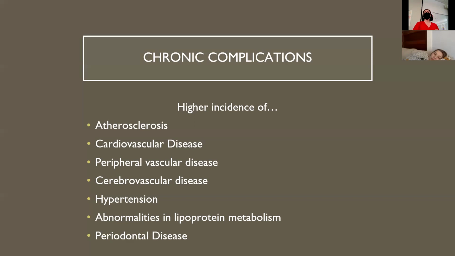So, chronic complications. Patients who have diabetes have a higher risk of atherosclerosis, cardiovascular disease, peripheral vascular disease, cerebrovascular disease, everything that the vascular system could affect, it will affect. Hypertension, abnormalities in lipoproteins, they have higher fat, but the phrase just left my brain.